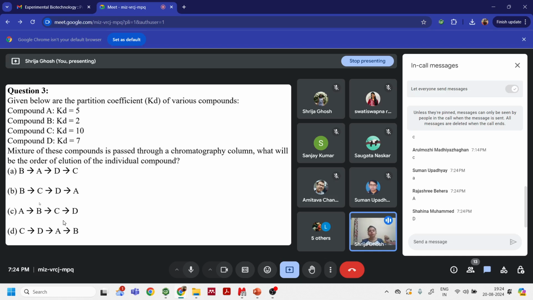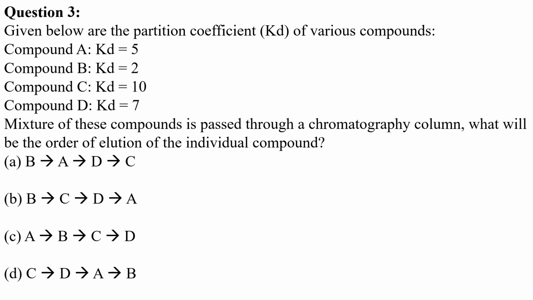Okay. So, here let me ask you one question first. So, till now we have discussed partition coefficient. If I have a partition coefficient of 2, what do you think it means?